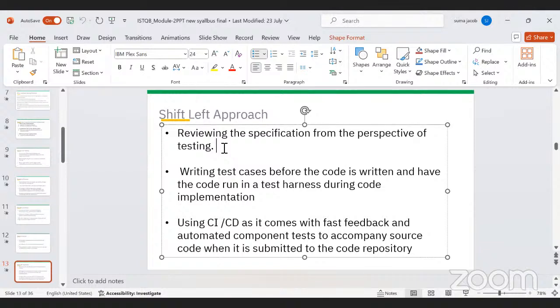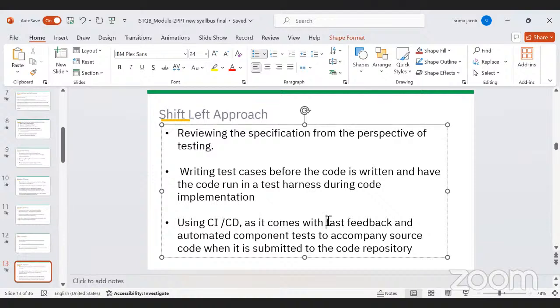The next way to implement the shift left approach is using CI/CD. One main advantage of CI/CD is that it comes with fast feedback. Whenever there is a change in code that is pushed to the common repository, the automated regression tests and all the different activities kept in the delivery pipeline will be automated.